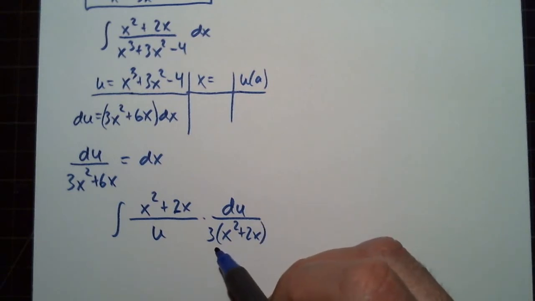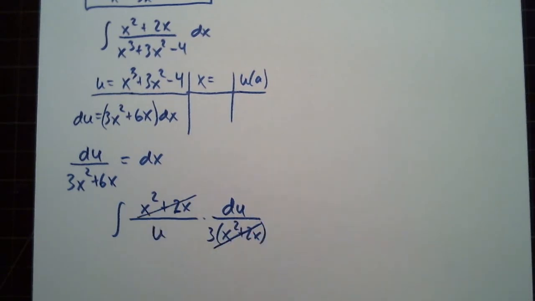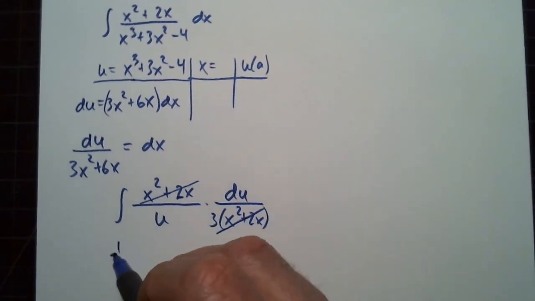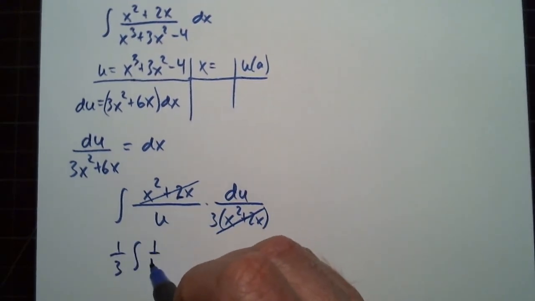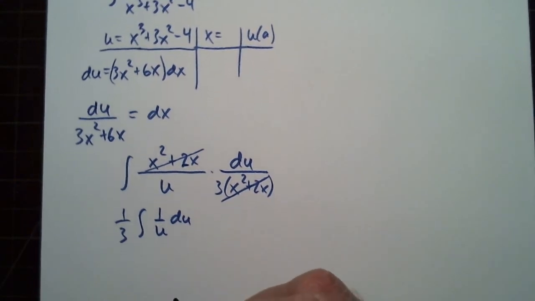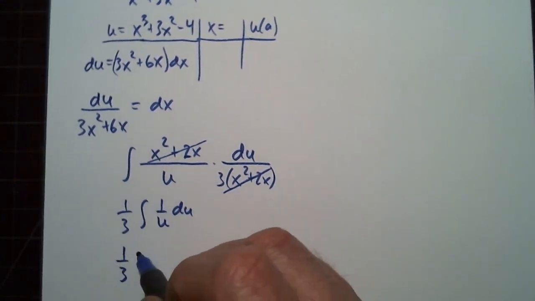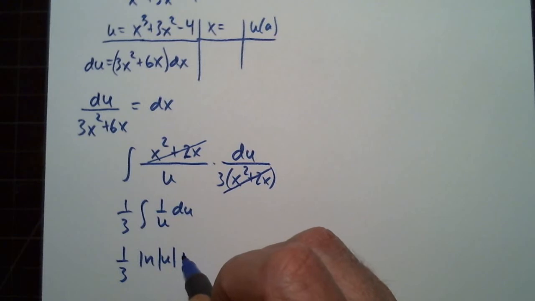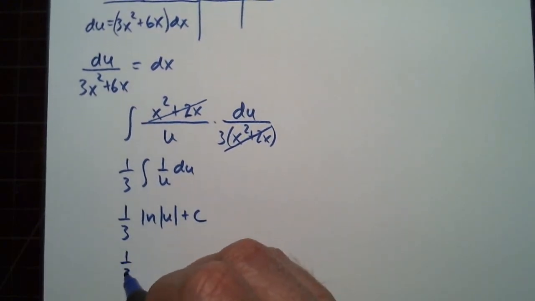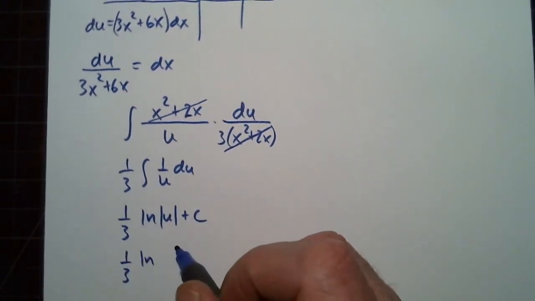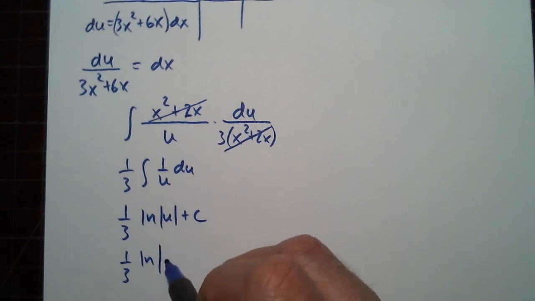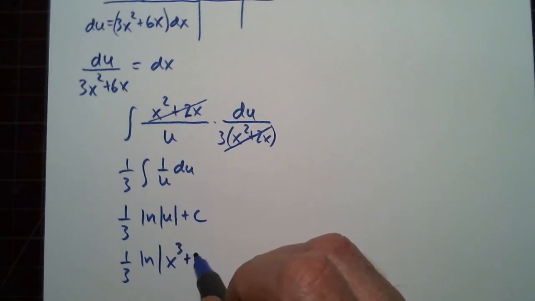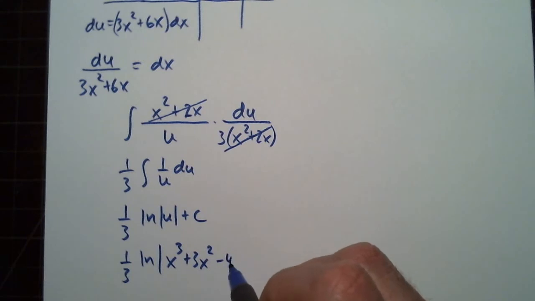And that's what makes it work. We have that canceling. We'll have a 1/3 integral of 1 over u du. And that'll be 1/3 ln u plus c, 1/3 ln, and then u was x cubed plus 3x squared minus 4.